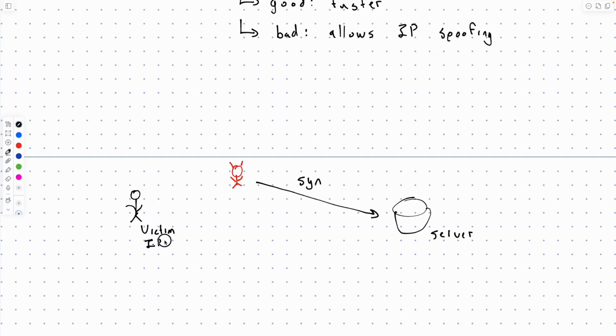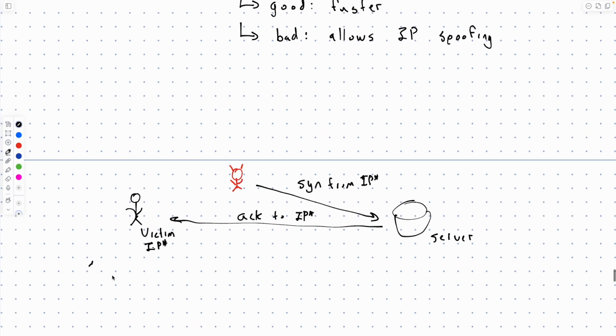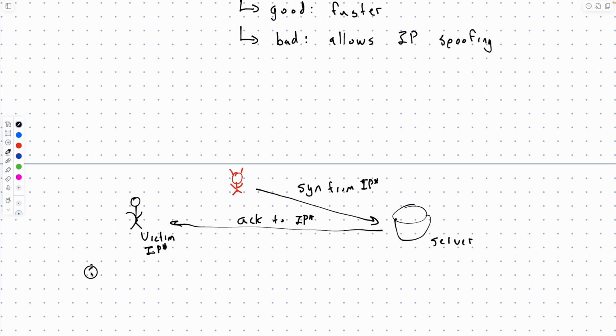I'll put IP star. The server says, okay, I'll send an ACK back to IP star. And then the victim says, I'm not expecting an ACK, and so I'll just drop it.